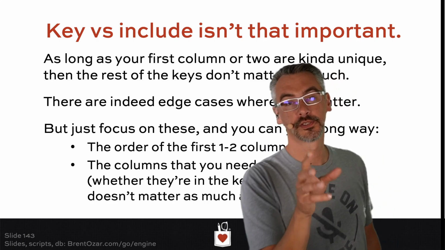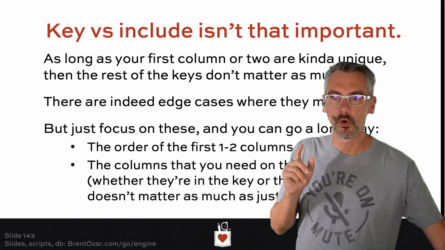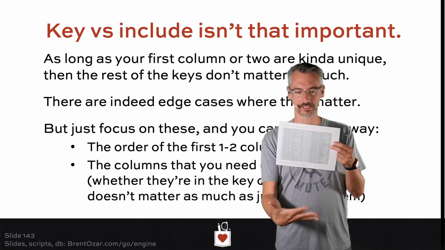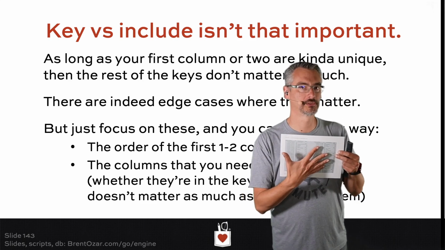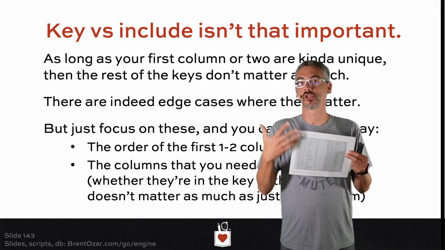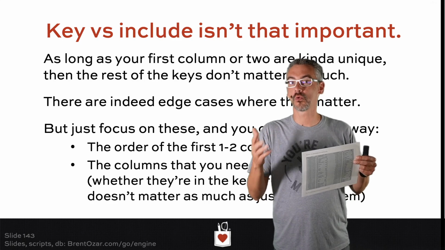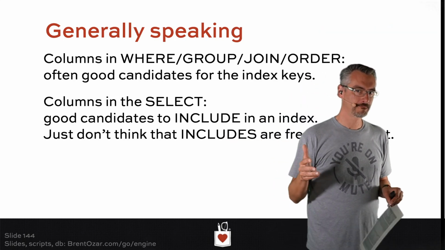I don't want to say always. There are absolutely edge cases where it makes a phenomenal difference. But what I'm getting at here is as long as you get roughly the right columns on these pages, and as long as the first couple of columns are in the right order, you can go a really long way.